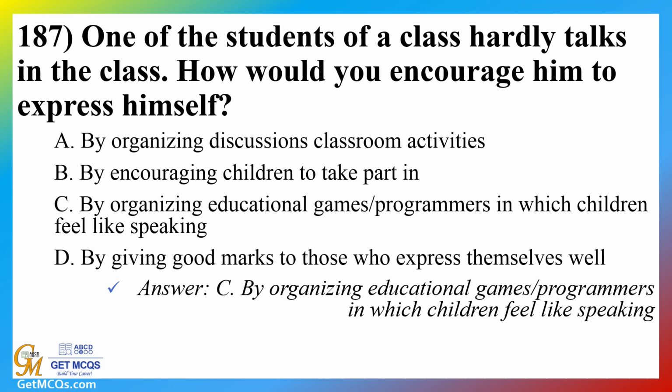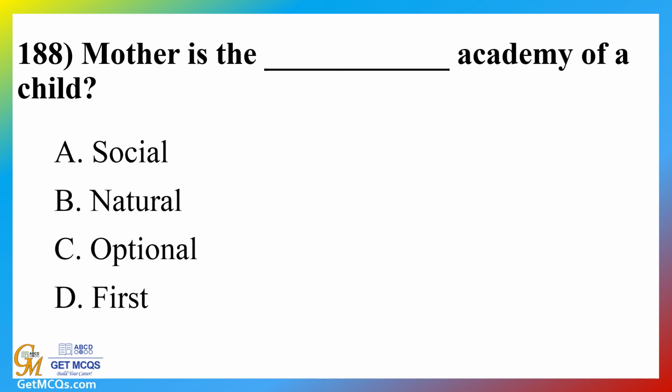How would you encourage him to express himself? Answer: C. By organizing educational games/programmers in which children feel like speaking. 188. Mother is the academy of a child? Answer: D. First.